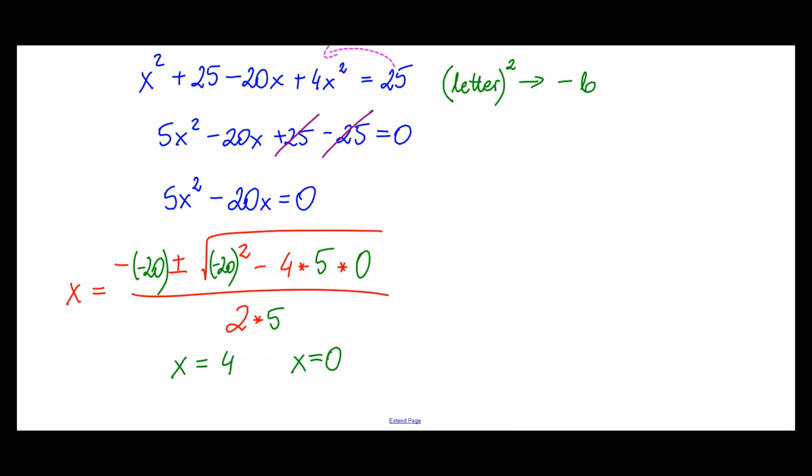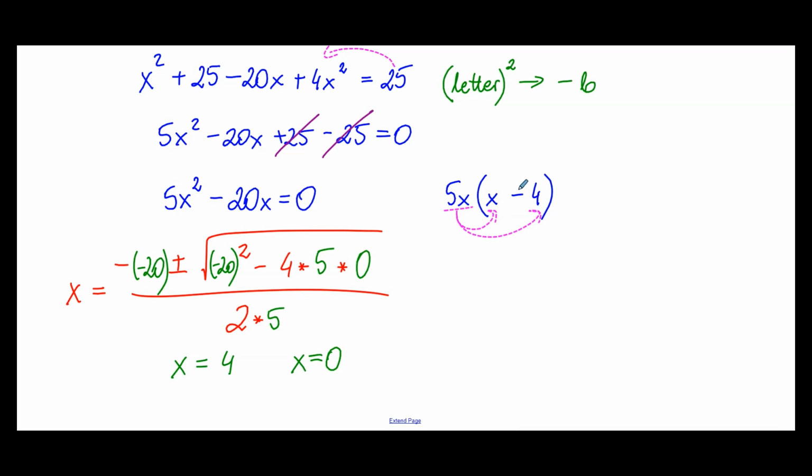Now, how about the other way that we could do? So in those cases, I can take x in front of the bracket. Not only x, I actually can factorize 5 out. So if I take 5x in front of the bracket, I am left with x minus 4. Because if I multiply that back, I'm going to get what? 5x multiplied by x is 5x to the power of 2.